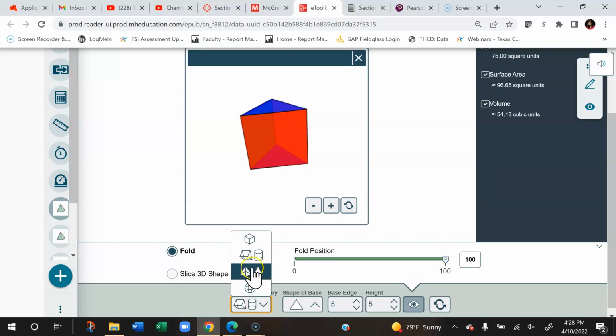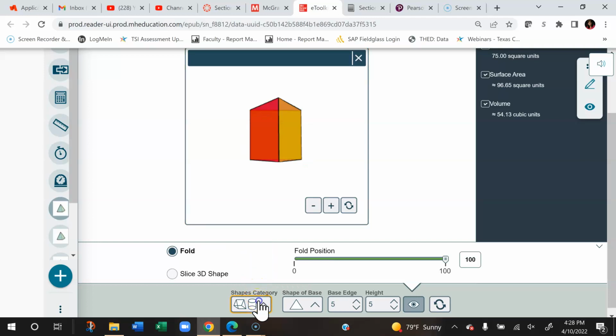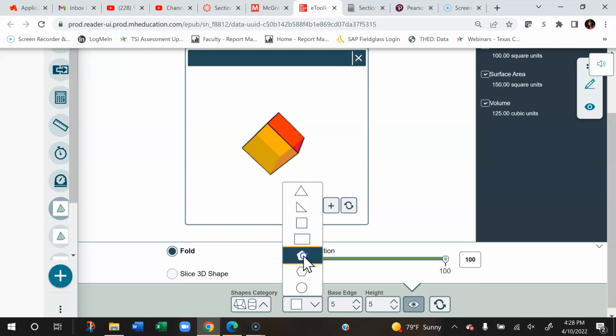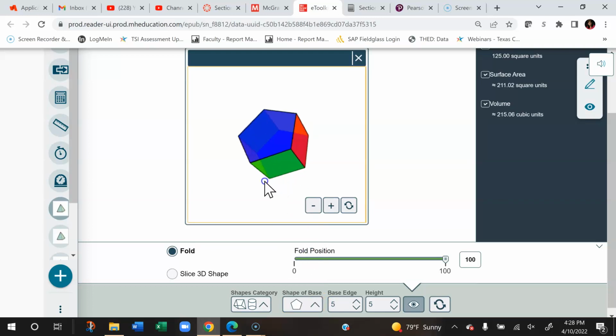Now, any of these others, let me go back up here, let me actually change this. This is a prism. This is going to be a prism because I have the two blue bases again.